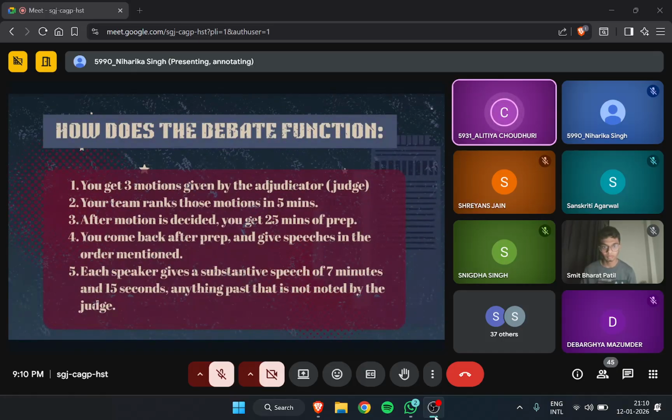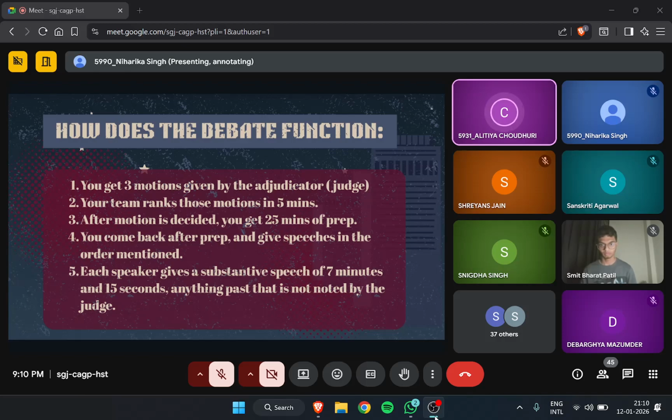Great. How exactly does the debate function? Basically, in an APD, you get three motions, which means the adjudicator or the judge is going to go ahead and give you three motions, and it is up to you to rank those motions as well. You get a total of 30 minutes after you receive the motions, 5 minutes of which you're supposed to spend on rankings. After the ranking is done, you get around 25 minutes of preparation time.